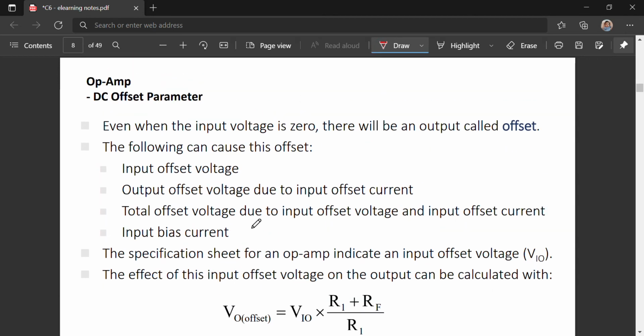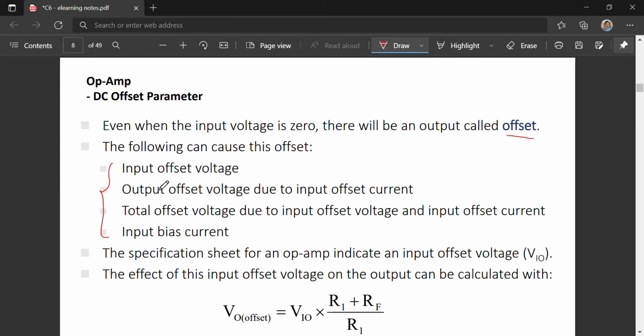The DC offset parameter for the op-amp is caused by a few things. This offset means it is off from what we set. For example, we set an input voltage, but it gives an error or offset value.